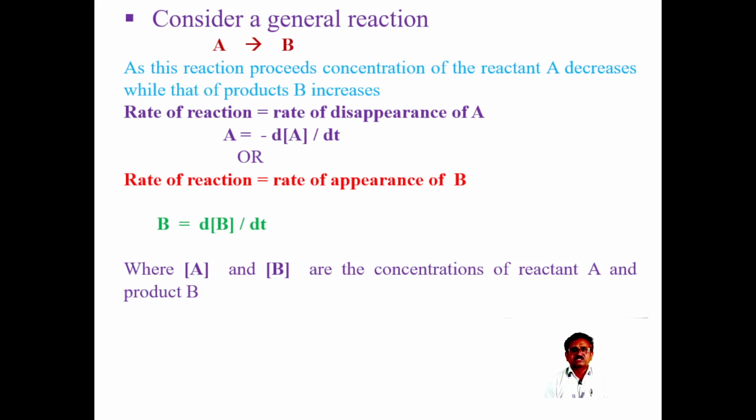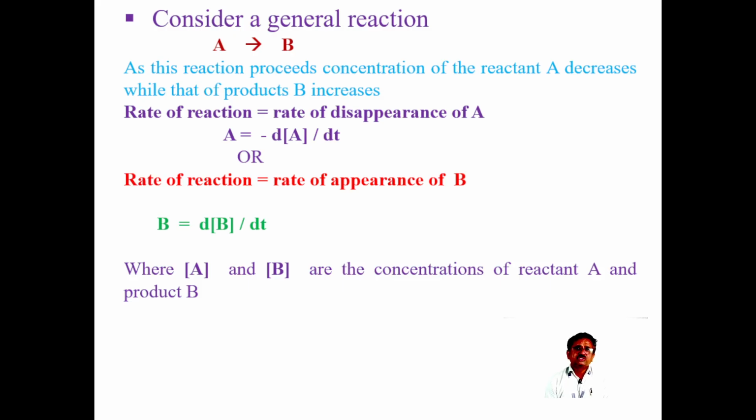The square bracket of A indicates the molar concentration of substance A, and the minus sign indicates the decrease in concentration of this reactant, not algebraically, that is minus.